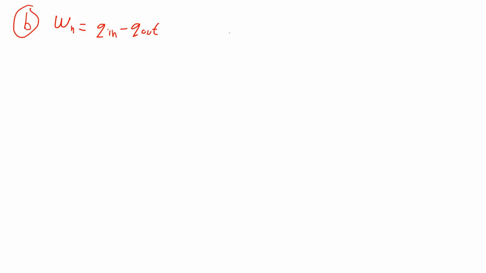Now Q in happens to be H3 minus H2, and Q out is H4 minus H1. Now we can also further expand that since we are assuming constant specific heats.